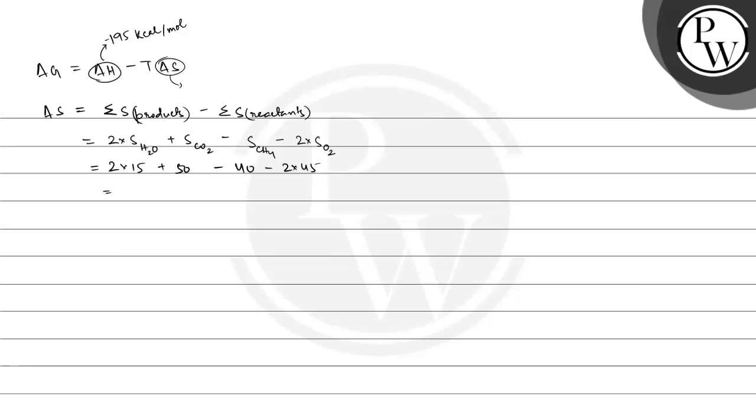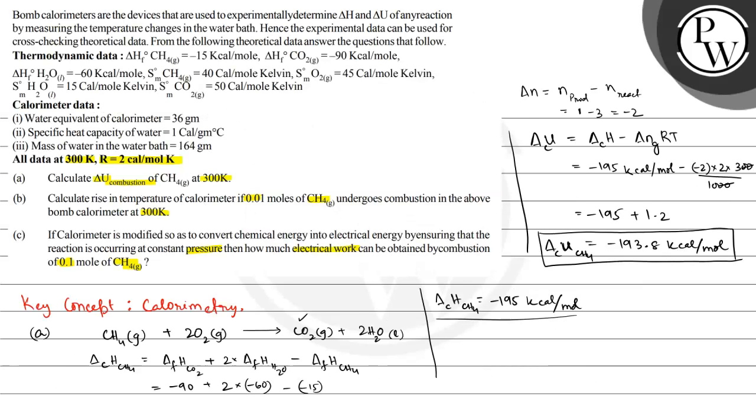So this is 2 into 15 plus 50, which is 80, minus 40 minus 90, which is 130. So this is equal to minus 50 calorie Kelvin inverse mole inverse.